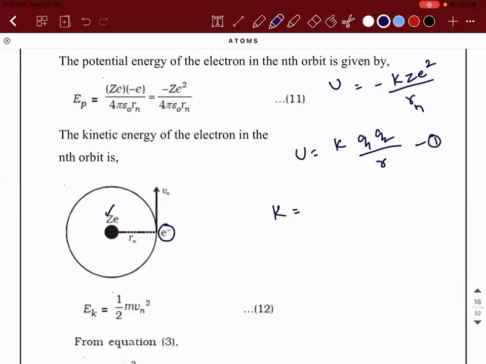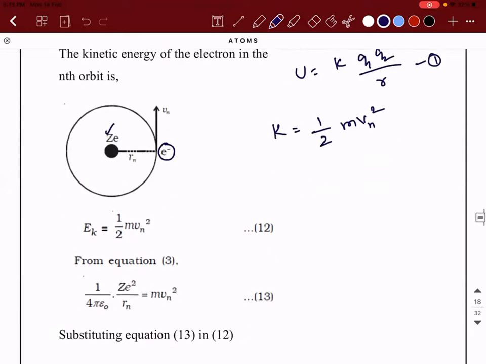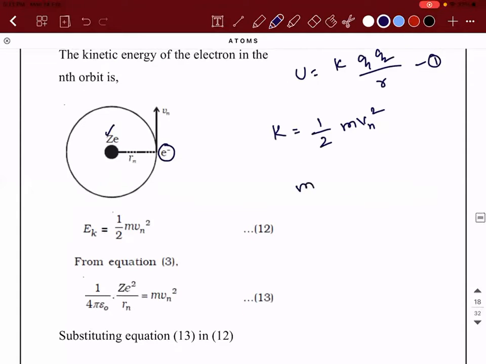What about the kinetic energy? Kinetic energy is half into m into Vn square, where Vn is the velocity of the electron in the nth orbit. Now see, we know this fact: m Vn square divided by Rn is equal to kZe square divided by Rn square. So one Rn will get cancelled.